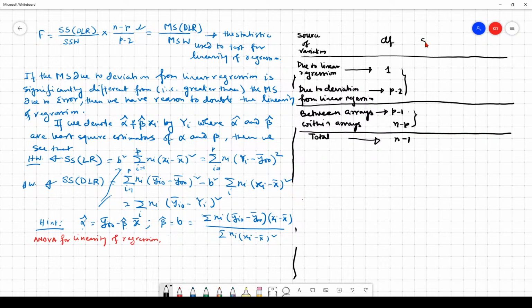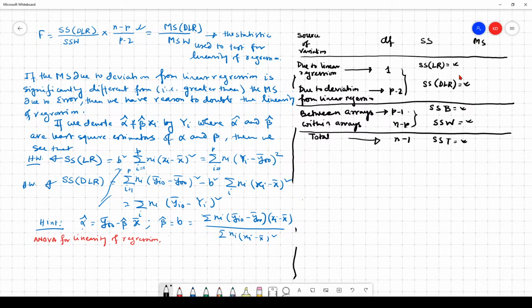Next we write the expression of SSLR, SSDLR, that means deviation from linearity, the sum of squares between arrays, SSW, the sum of squares within arrays, and SST.